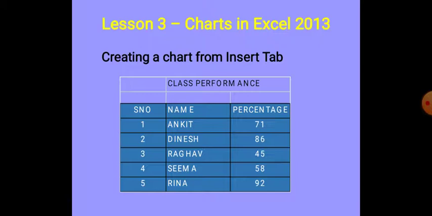Every chart has an appropriate title. We should always give an appropriate title to the chart. Generally we place it at the top of the data values. And children, there are axis titles also. It is very easy to find out about the information we are presenting if we have an appropriate axis title.